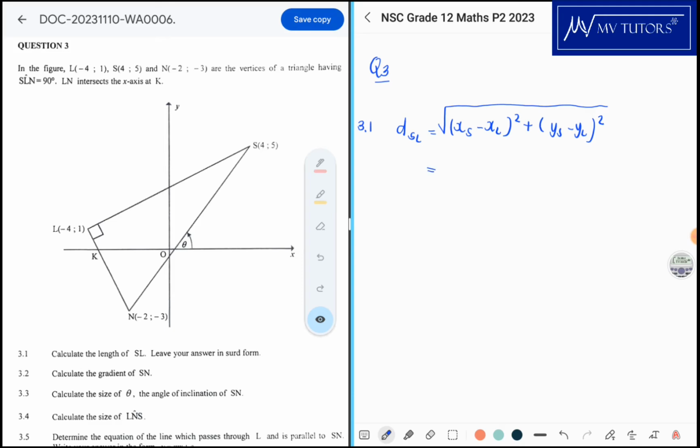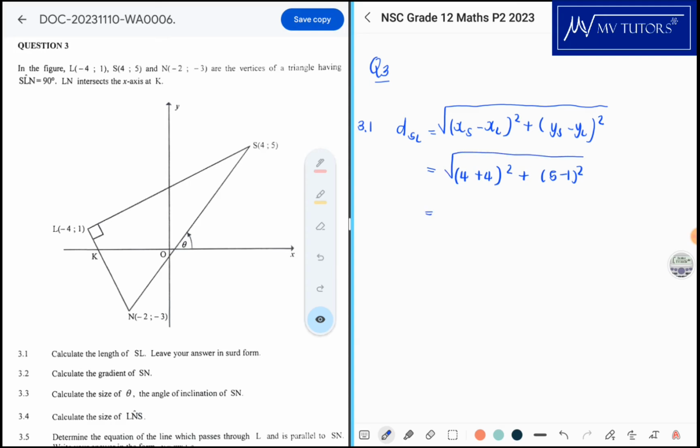Okay, so let's substitute. The x-coordinate of S is 4. That of L is minus 4, so that becomes a plus 4. Y-coordinate of S is 5, and that of L is 1. So we square that, put it under the square root.